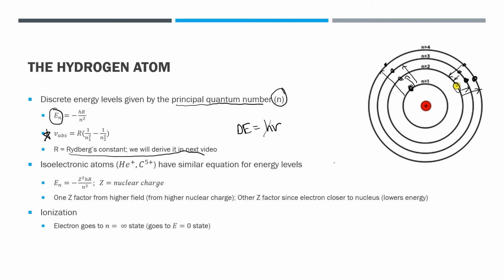So now let's talk about isoelectronic atoms, such as He+ or C5+. I guess these aren't really atoms, sorry, these are isoelectronic ions. They have a really similar equation for energy levels because these ions basically look the same as hydrogen, except instead of one proton in the nucleus, we have more protons in the nucleus. So what should this do to the energy levels? It should reduce the energy of our electron.